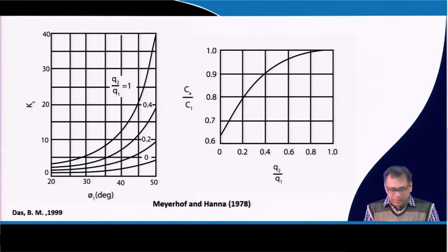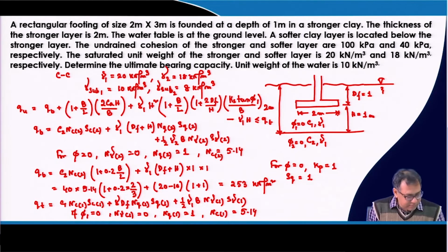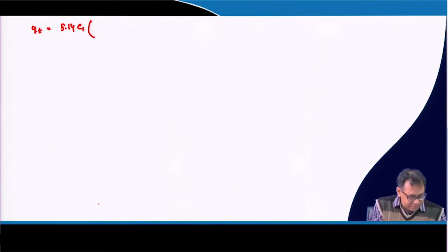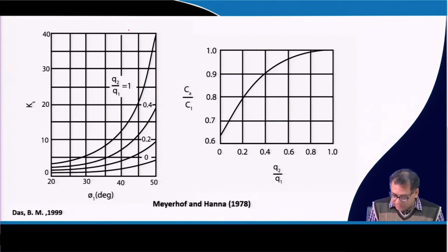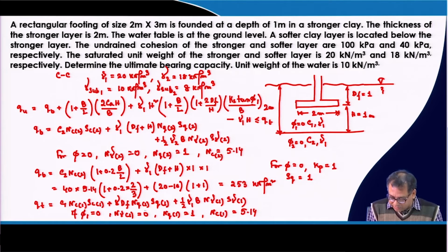So, now if I calculate the QT in this condition, it will be 5.14 times CU1, then SCU1. SCU1 is the same as the Meyerhof recommendation, which is 1 plus 0.2 B by L, then plus gamma df, with df 1 here.